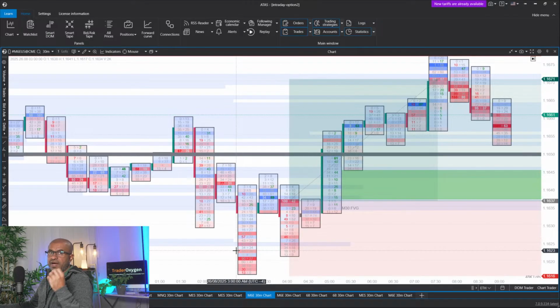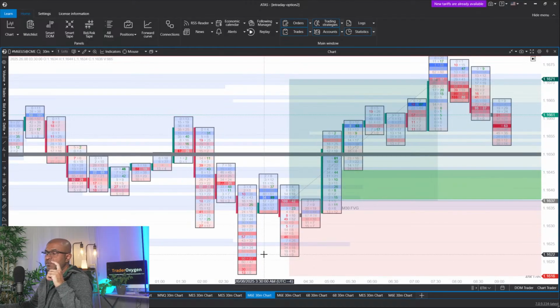When I say passive buyers, it's buy limit orders of large smart money and big banks, large organizations sitting here and absorbing these aggressive sellers.